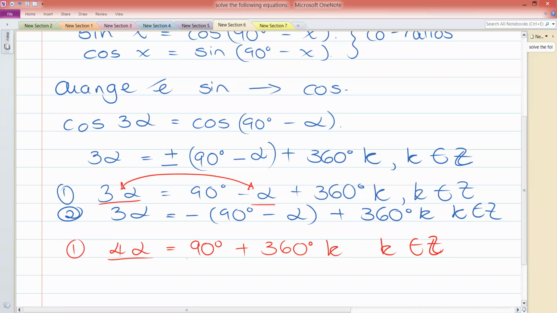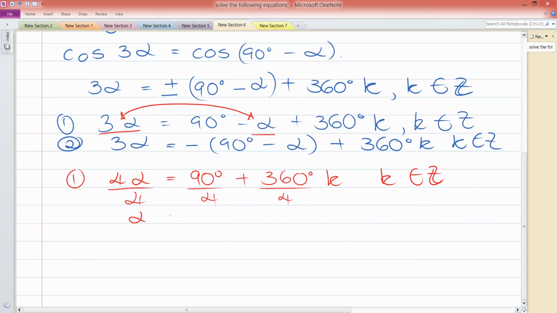You're going to divide everything, including the 360, by 4. So alpha is equal to 90 divided by 4, which is 22.5 degrees, and 360 divided by 4 is 90 degrees, k is an integer.